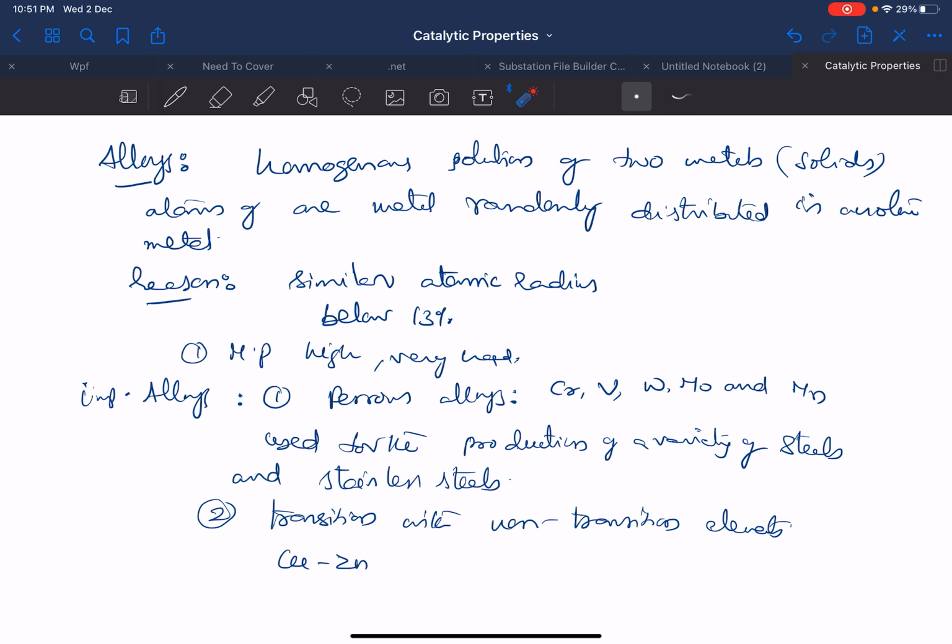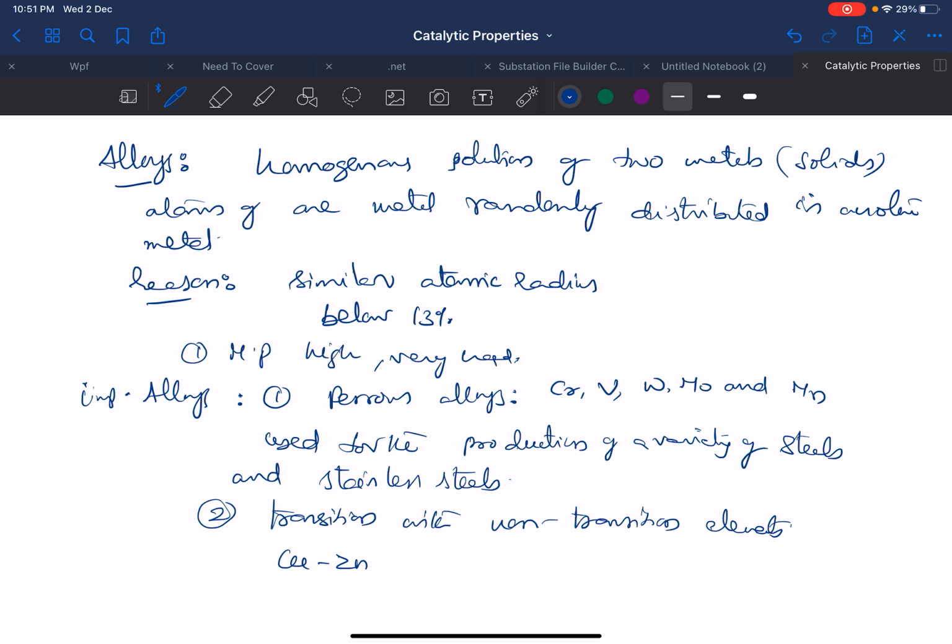Why is it called a non-transition element? Because zinc has the completely filled orbitals 3d10 4s2, so it is not called a transition element. It is called only a d block element. In the 4d series, cadmium, and in the 5d series, mercury. These three are called non-transition elements because of the completely filled d orbitals, as there is no unpaired electron in these elements.